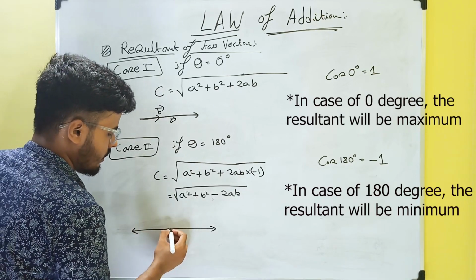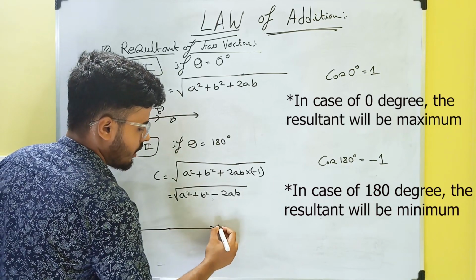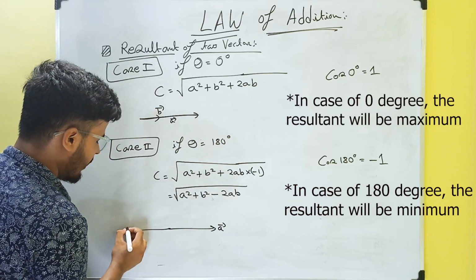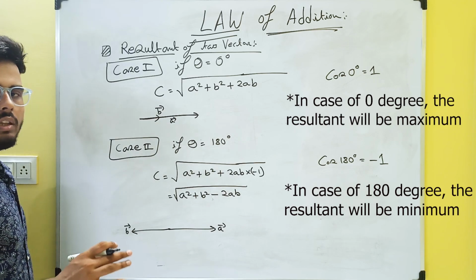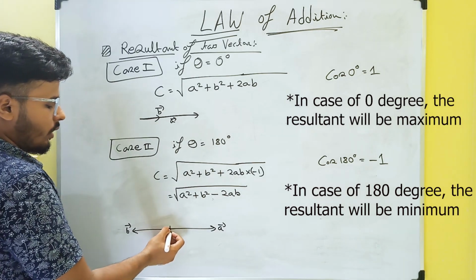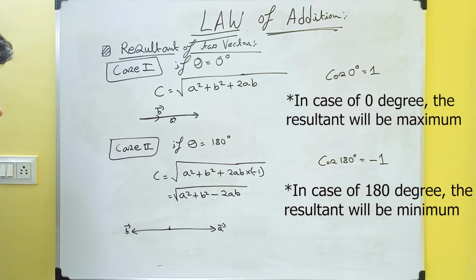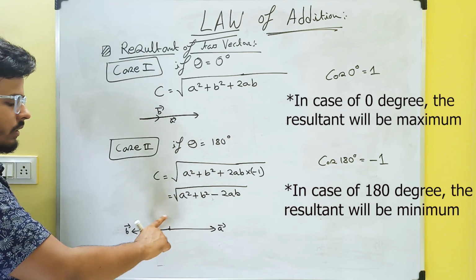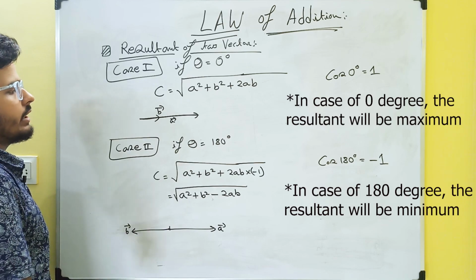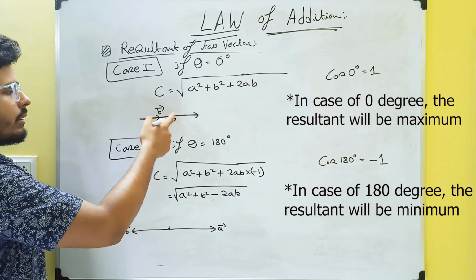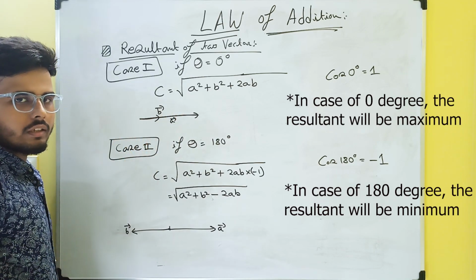In this case, both of the vectors will be in exactly opposite directions. The angle between them will be 180 degree, and in the other case, the angle between them is 0 degree.